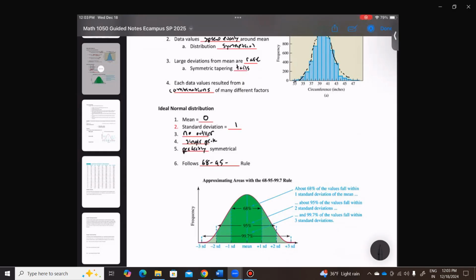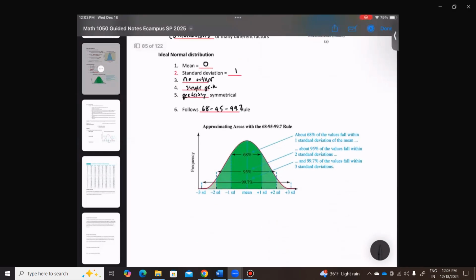And it follows the 68, 95, 99.7 rule. And what that means is, if you look at the mean, again, that's at 0, standard deviations on either side, -1 on the left side, +1 on the right side, that goes to 2 and to 3. From -1 standard deviation to +1 standard deviation should be 68% of the data.